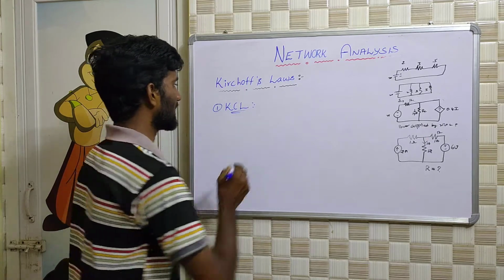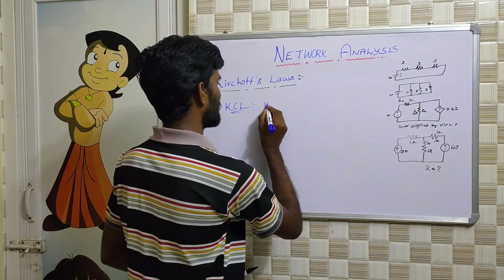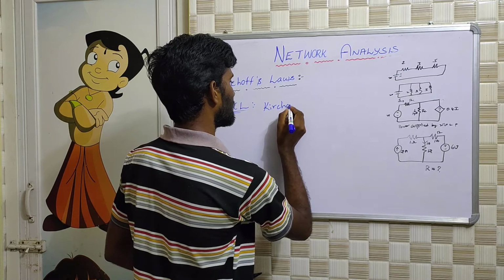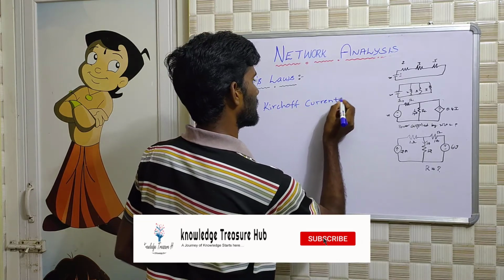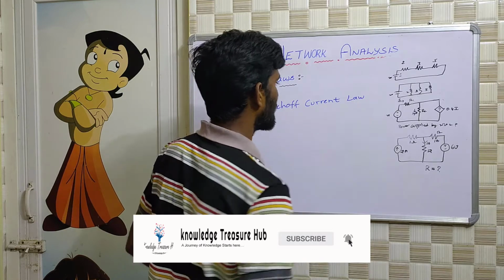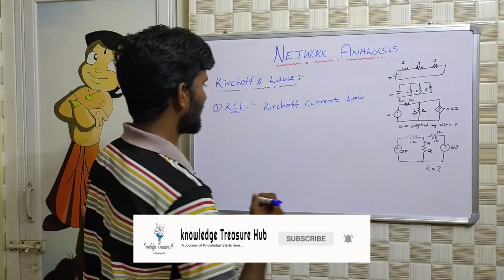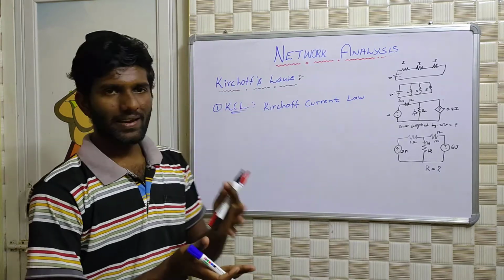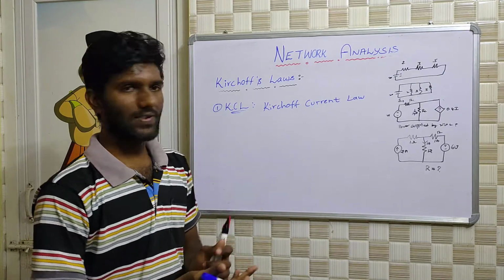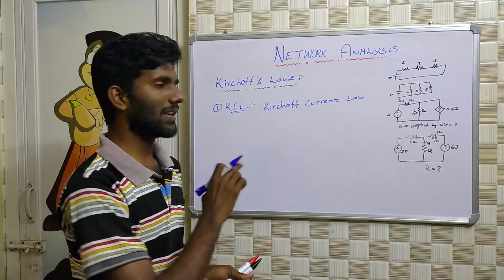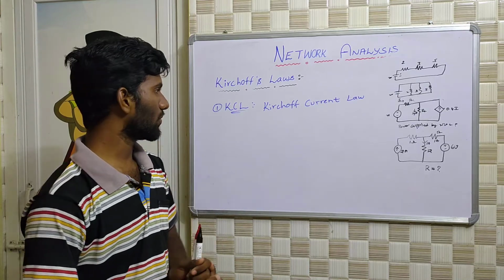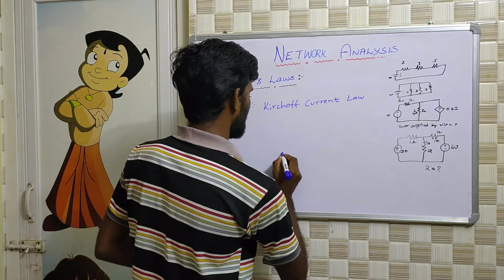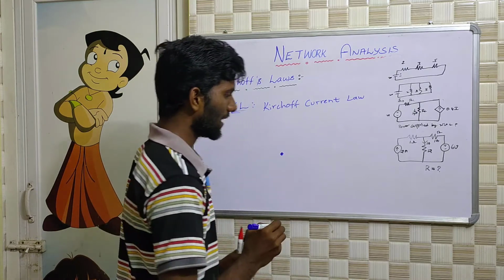KCL, Kirchhoff current law. KCL states that the sum of the entering and leaving currents at any node, at any point, will be equal to 0. Let us consider a simple node.